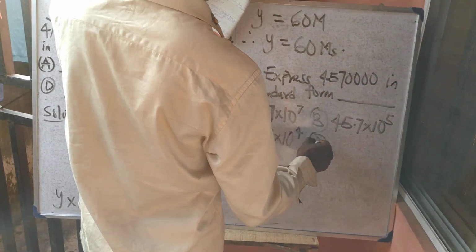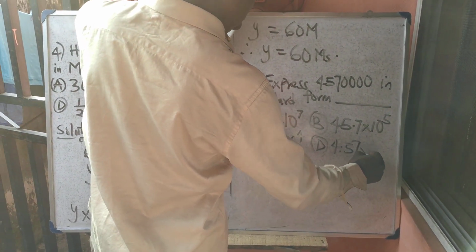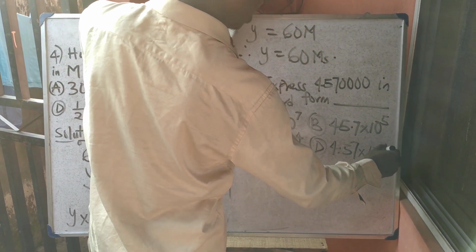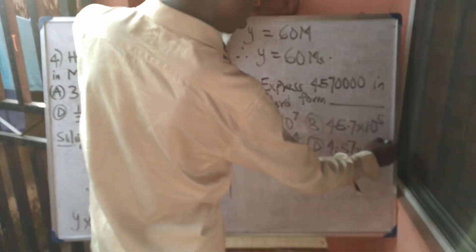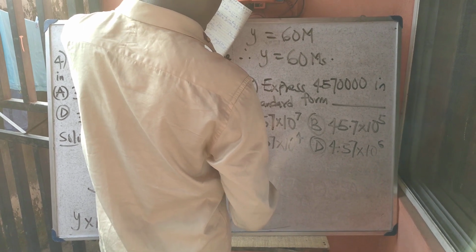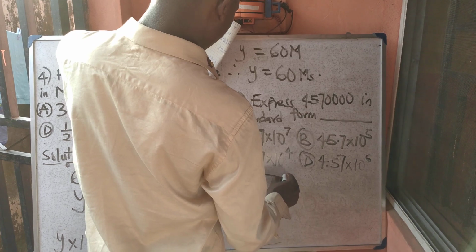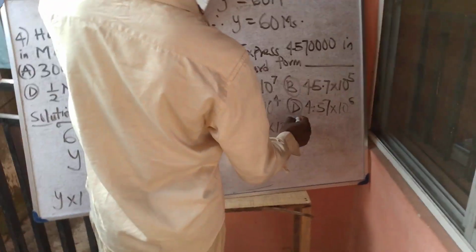Option D, you have 4.57 times 10 raised to power 6. Option E, we have 457 times 10 raised to power 5.